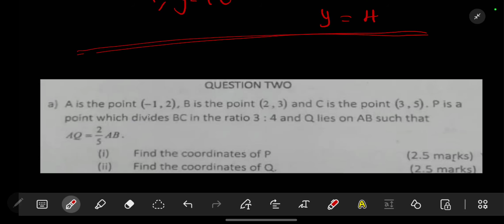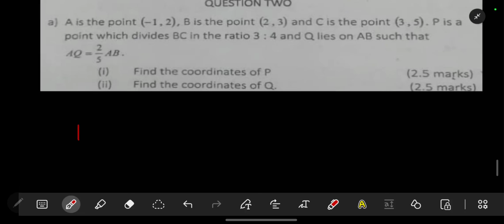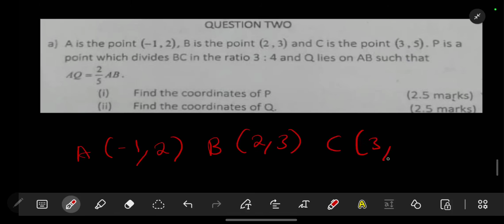Let's look at our next question. Question 2 says A is a point -1, 2, B is the point this, C is the point that. So our A is -1, 2, our B is 2, 3, our C is 3, 5, like that.